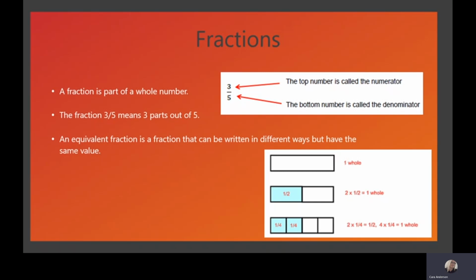The actual diagram of the whole is exactly the same. It's just split up into different sections. So 2 quarters are the same as a half, and then 4 quarters are the same as a whole.